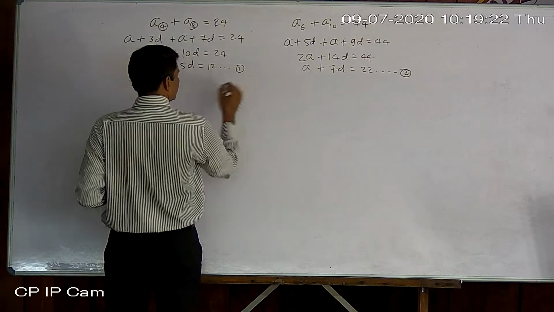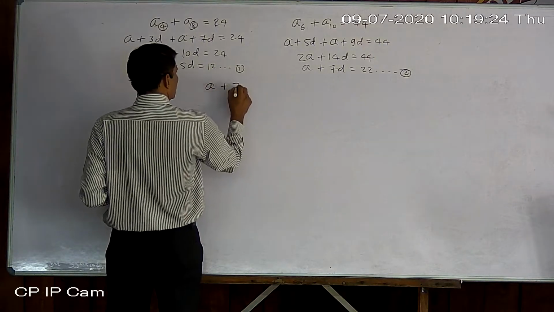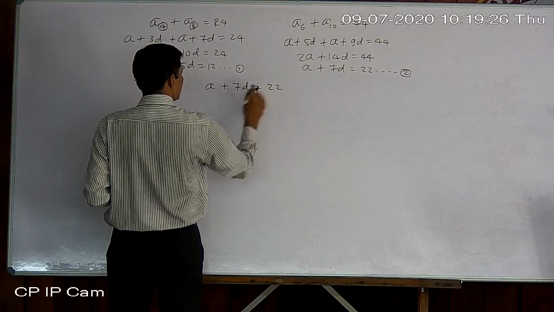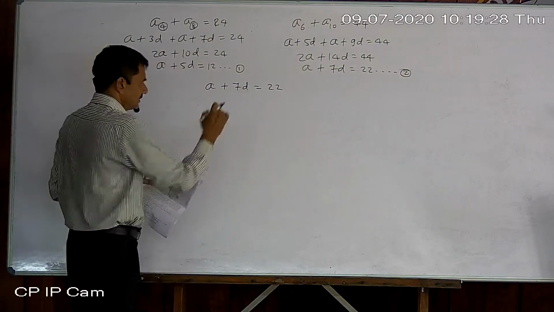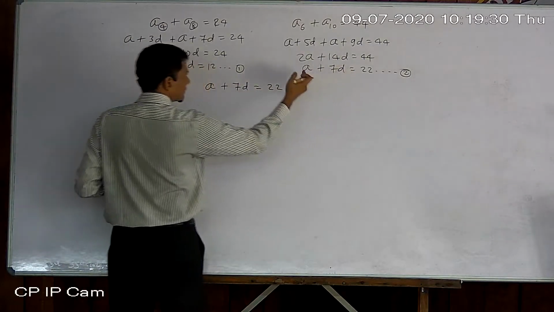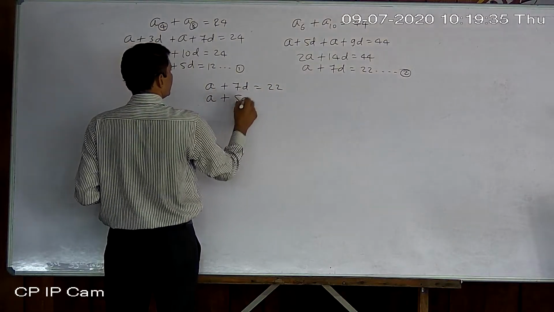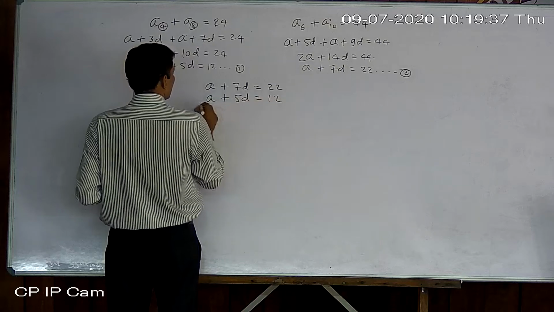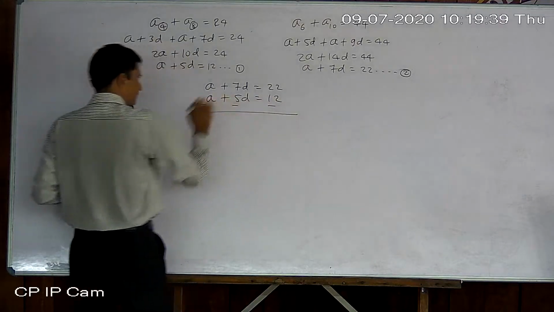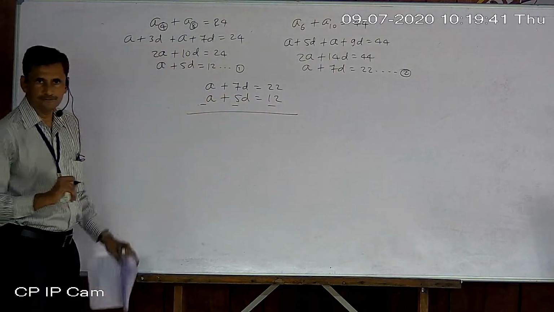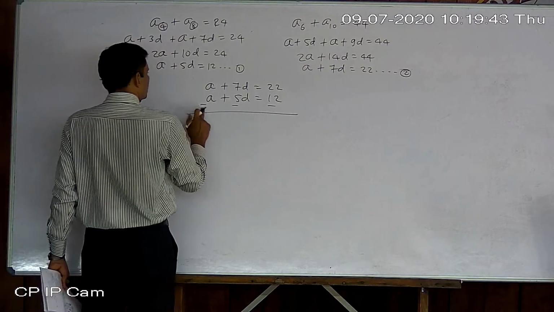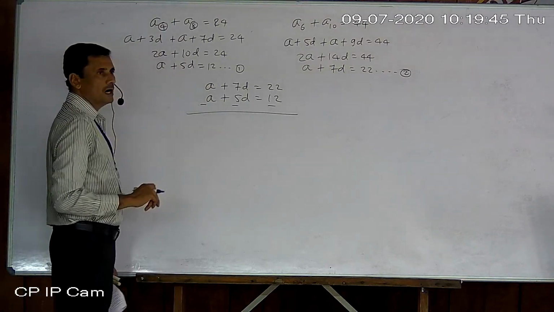So I write first of all the bigger equation. That is not a rule, but I usually write the bigger equation, bigger coefficient, first. A plus 7D equal to 22, and A plus 5D equal to 12. Now subtract the first equation from the second one. Why? Because the signs of A are equal only.